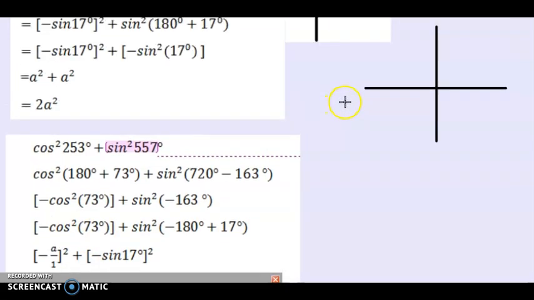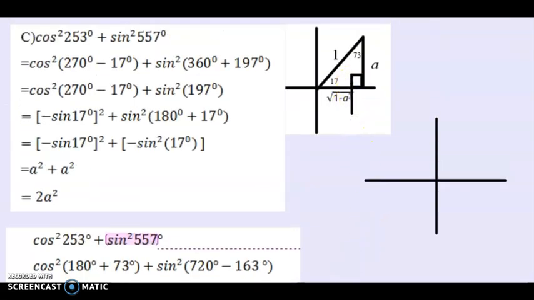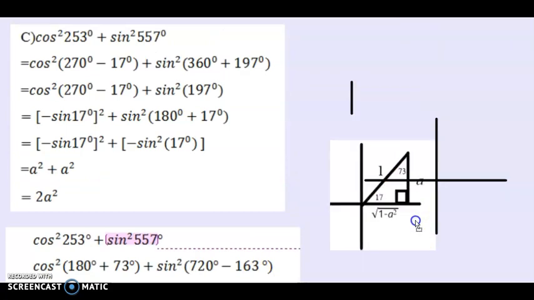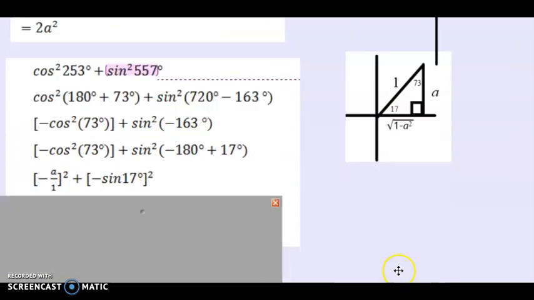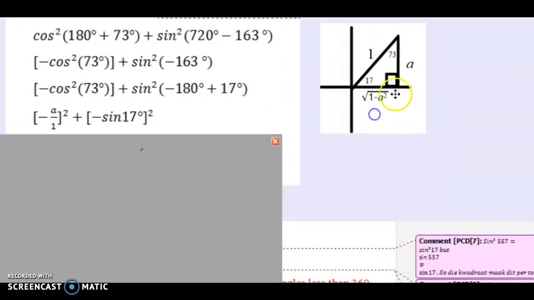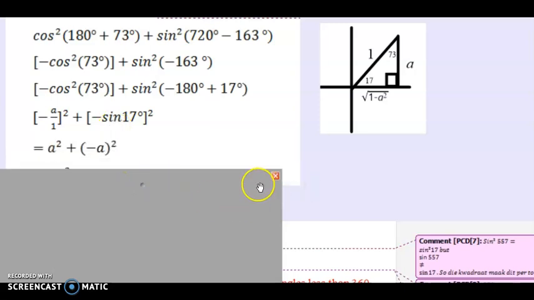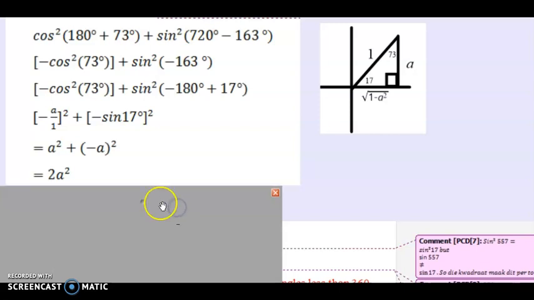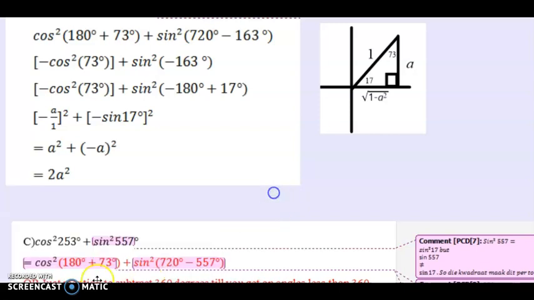So cos of 73, if I look at my sketch, the adjacent side over the hypotenuse, so it's still a over 1, but it is negative cos, so the sign is negative there, but all of it is squared, so this will become positive a squared, and sine of negative 17 is negative a. If I square that, my answer is 2a squared.